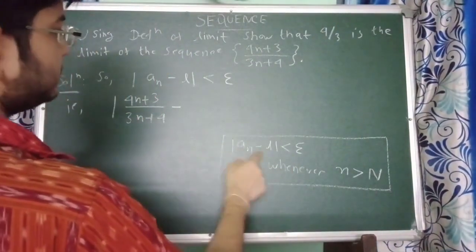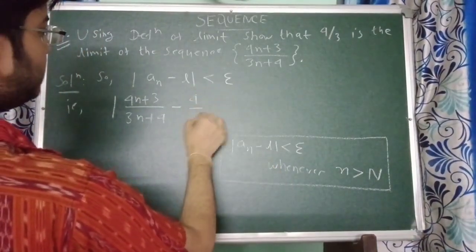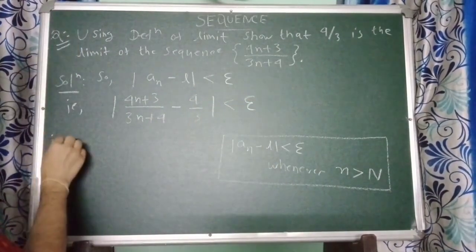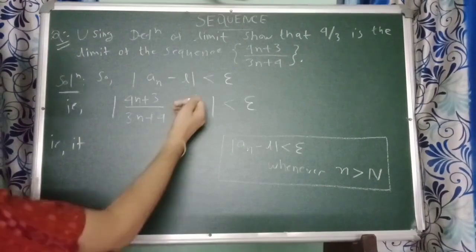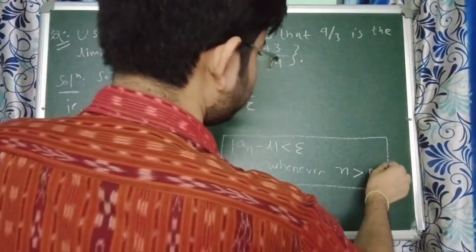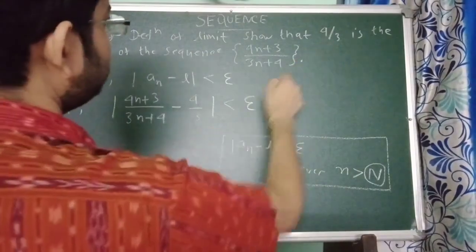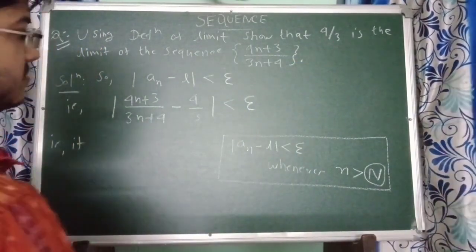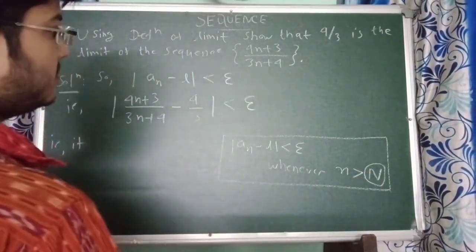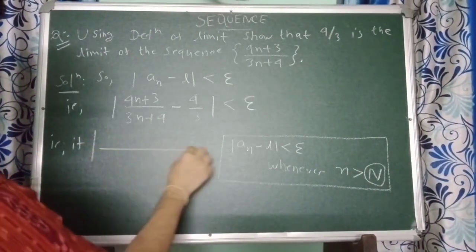Then we put L in this expression, that is 4 by 3, which is less than epsilon. If we simplify this expression and get this kind of capital N, then we say that this is a limit, otherwise not. So let's find if we get some such capital N or not. So simplify this.